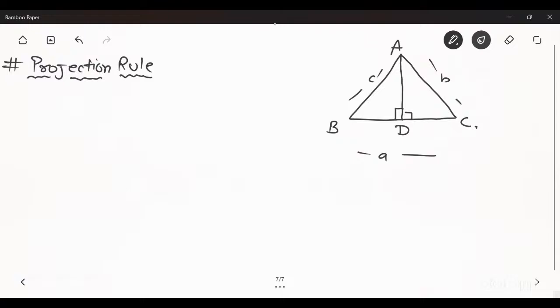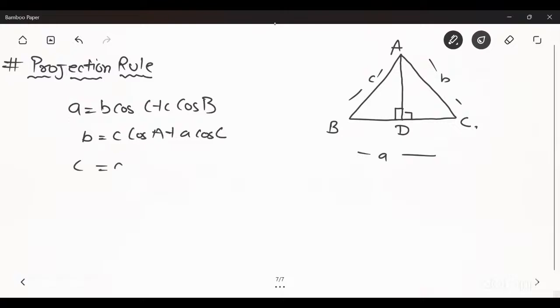Now the projection rule is a is equal to b cos C plus c cos B, and b is equal to c cos A plus a cos C, and c is equal to a cos B plus b cos A.